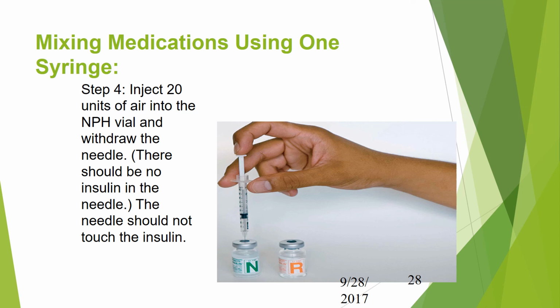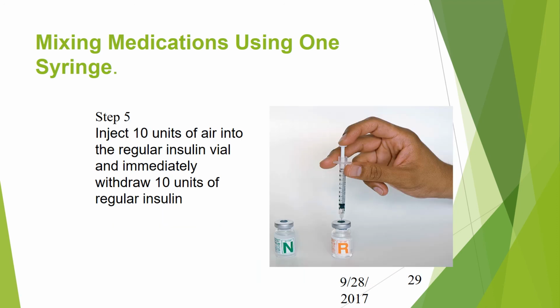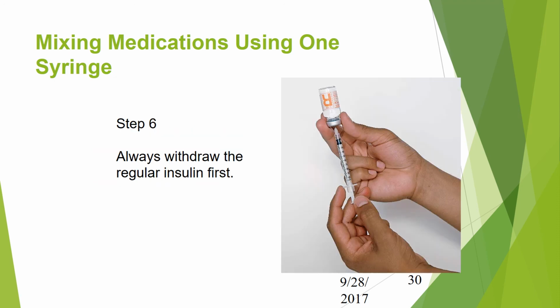Step 4 is going to be, first off, that we're going to draw up 30 units of air, and we're going to put 20 of them in the N, being sure we don't touch the insulin. Then we're going to go over to our regular insulin and inject the other 10 units of air. And while we're in that bottle, we're going to invert it and draw our 10 units out.